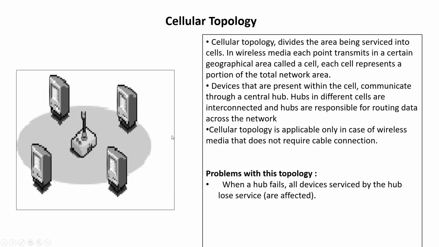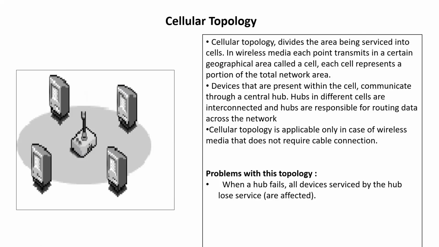So what will be the problem? Advantage: wireless communication. No cabling is required for the devices. Only we have to connect the centralized hub. Next, what will be the problem? Simple problem.